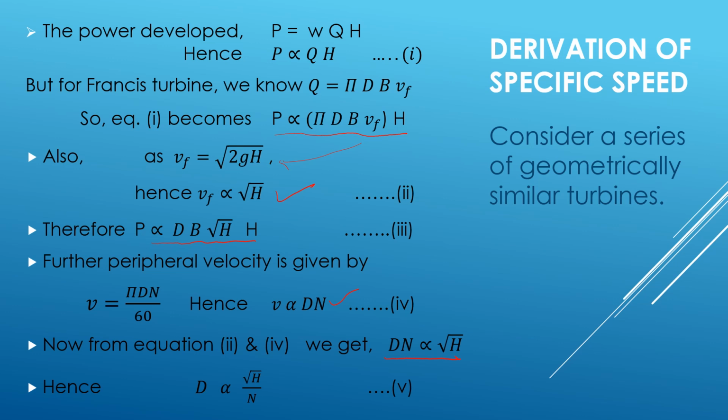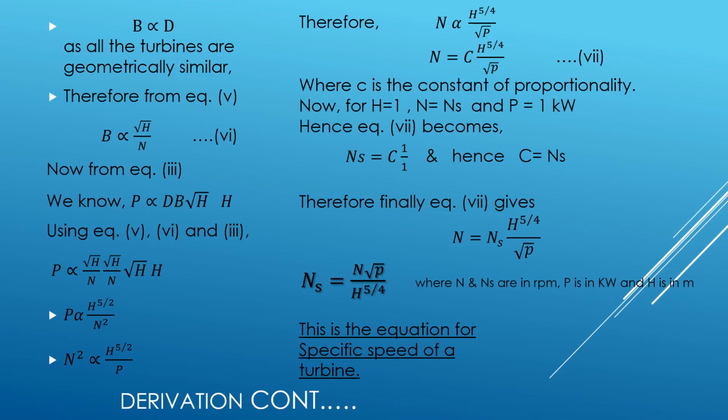If N is taken to the right hand side, it becomes d is proportional to root H by N. Further, b is proportional to d when all the turbines are geometrically similar.